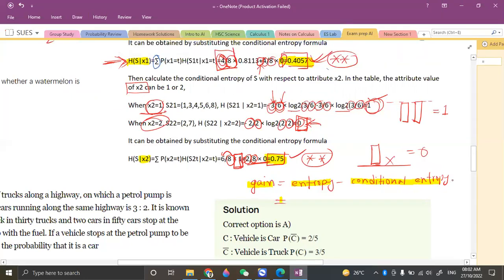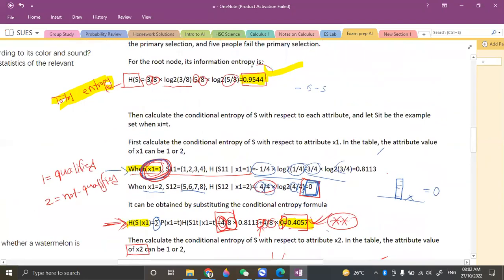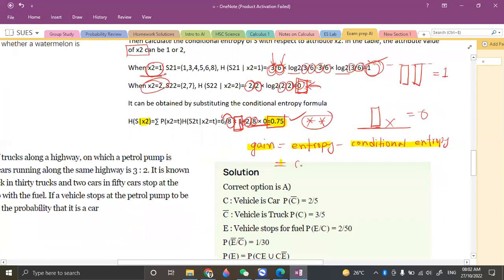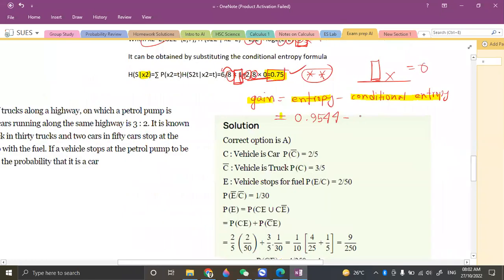The entropy is the total entropy, right? So total entropy is 0.9544. So we write down here 0.9544, and then minus the first conditional entropy, for x1, which is 0.4057.